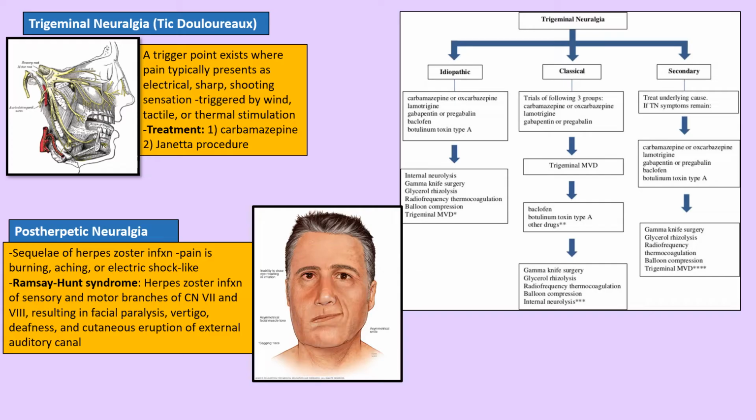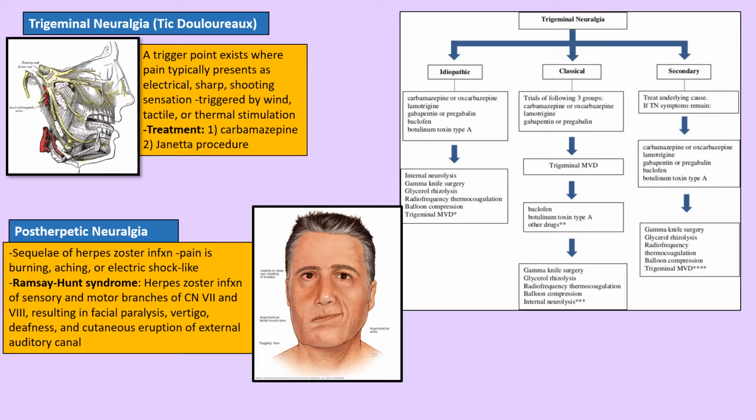It's usually unilateral pain. We can use an anticonvulsant like carbamazepine, the first-line drug, or surgery using the Gasserian ganglion procedure or gamma knife radiosurgery, or conservative treatment, where physiotherapy, moist heat, motion exercises, the night guard, massage and NSAIDs are going to help. Further details of trigeminal neuralgia treatment are given in this flowchart that you can go through.